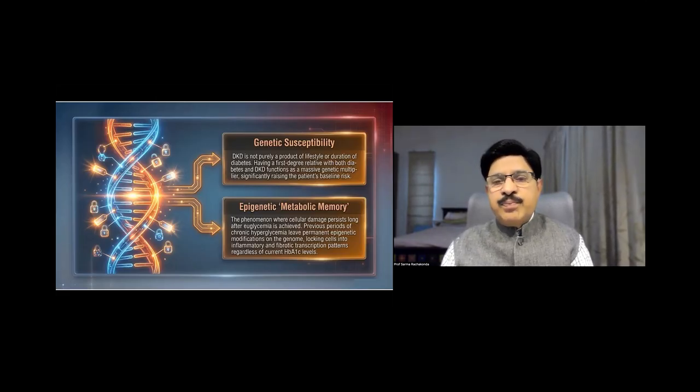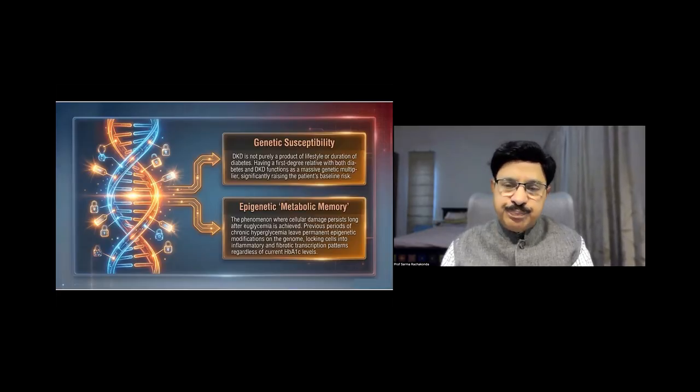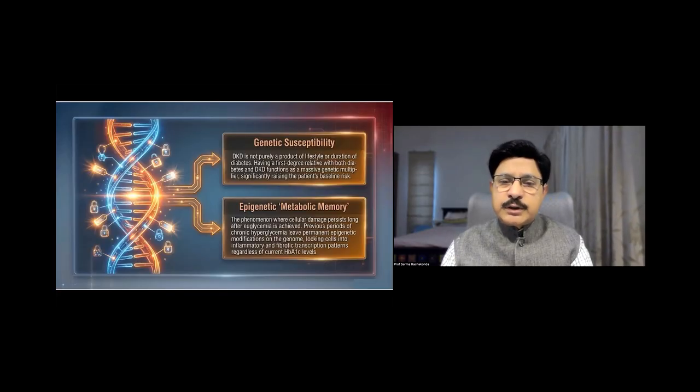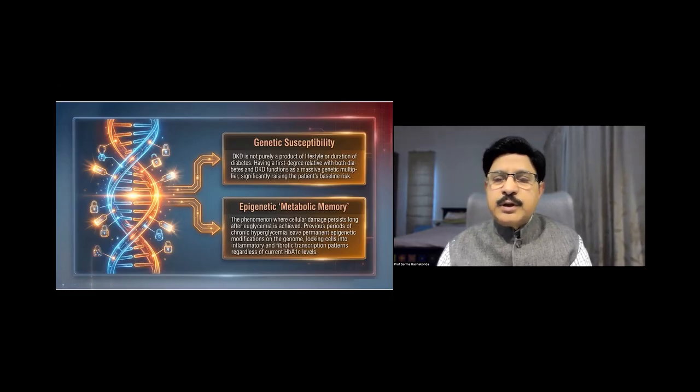renal disease. There is also the epigenetic metabolic memory. You must have understood this. Around 20 years back, we started understanding this metabolic memory. The phenomenon is where the cellular damage persists long after euglycemia is achieved. That means what?